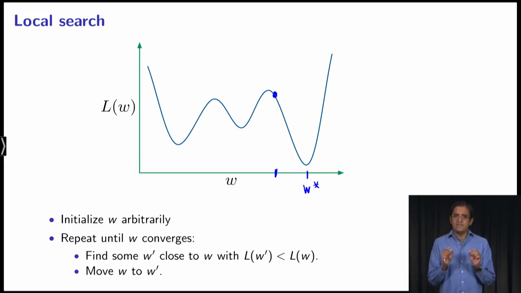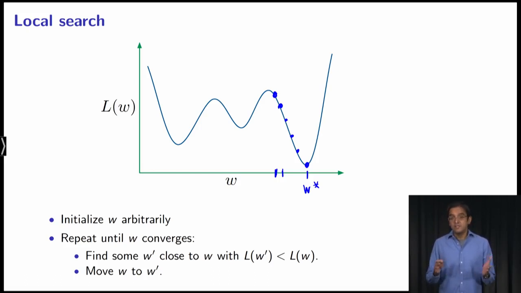And then it tweaks it to make it a little bit better. So maybe it jumps a little bit like that to this point. Okay, and then it tweaks it some more. And so on, and it keeps going until it finally gets to a place where there's no longer any little tweak that's going to help. And then it stops. And in this case, it ends up finding the correct answer.